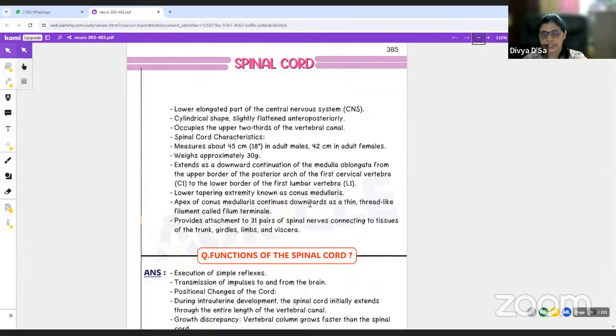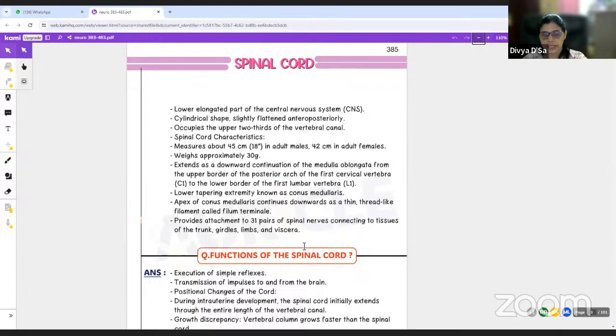So what are its characteristic features? It measures about 45 centimeters, that is about 18 inches in adult males, 42 centimeters in adult females, and weighs about 30 grams. It extends as a downward continuation of the medulla oblongata from the upper border of the posterior arch of the first cervical vertebra to the lower border of the first lumbar vertebra.